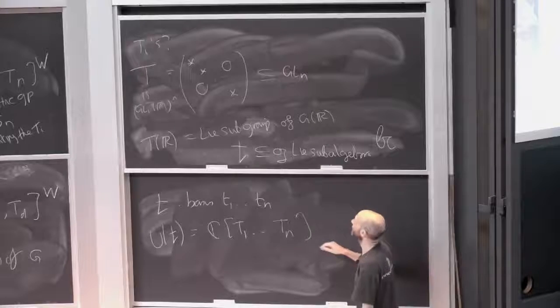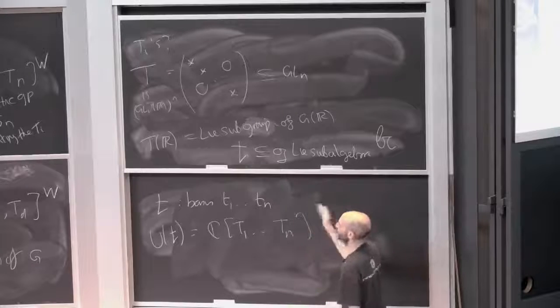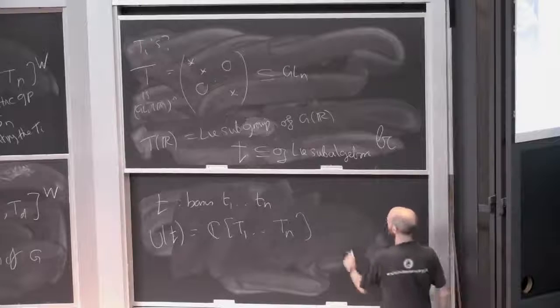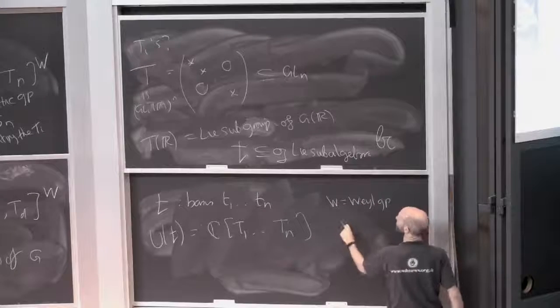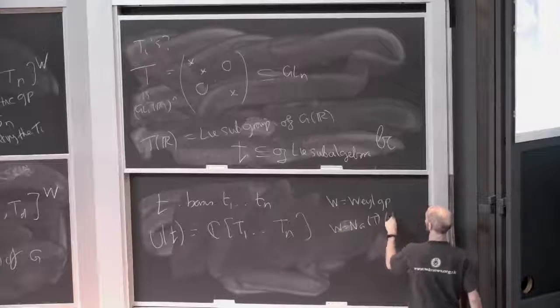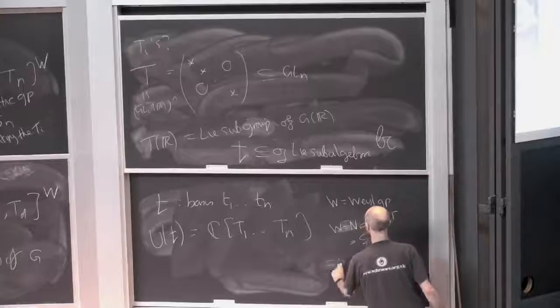So what's really happening is you've got some function on G, you restrict to a Borel, you average down, you get some function on some torus. Okay? And then W is the Weyl group. W is just the normalizer of T modulo T, so it's Sn, because it's the permutation matrices.